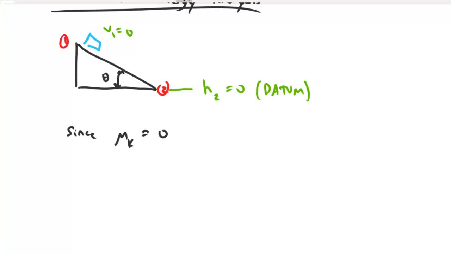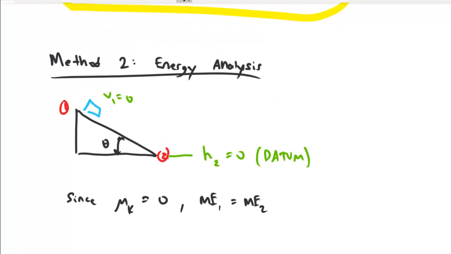Since there's no friction here, then the mechanical energy at point 1 must be equal to the mechanical energy at point 2. And by the way, this was 7.5 meters. So mechanical energy at 1 equals mechanical energy at 2.